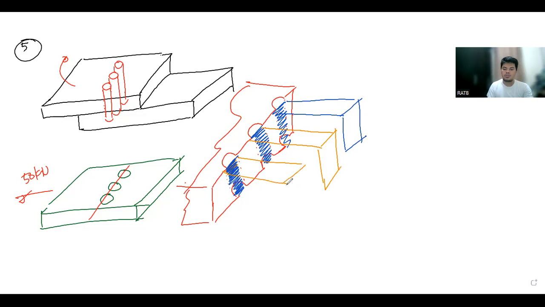These are the projected areas of the rivets. The length here, the dimension, is 20 mm, and the height, the thickness, is 25 mm.